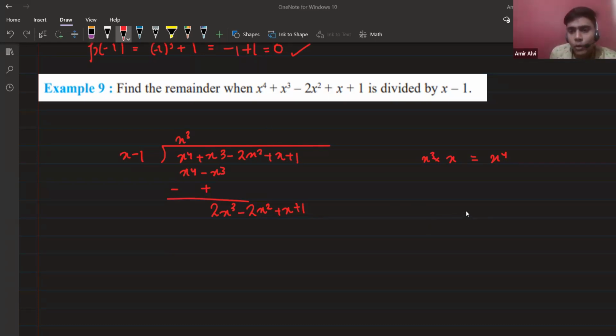Now next thing is that I want 2x cube and I have x. What should I multiply with x so that I can get 2x cube? 2x square should be multiplied. Okay, that's great. So I have multiplied with 2x square.